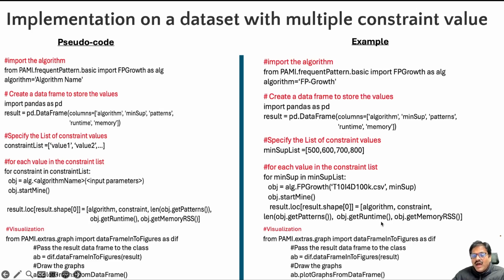These results I am storing in the results data frame. This data frame will later be visualized by us using the data frame into figures program that exists in the extras folder of the PAMI library. Please pause and carefully analyze the structure of this program.